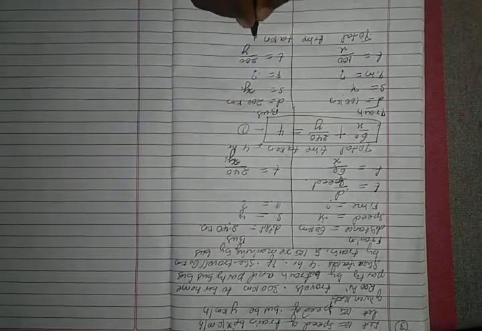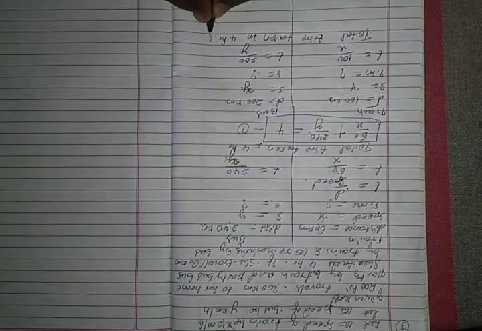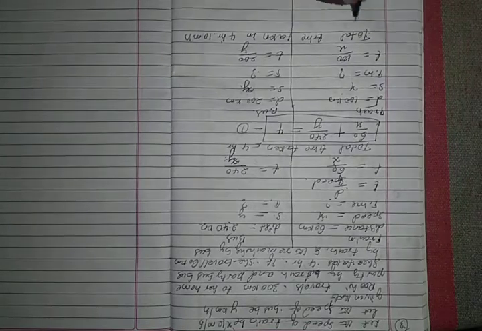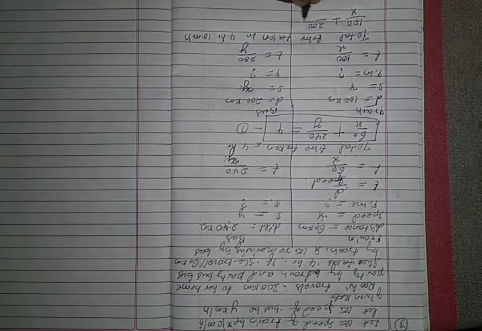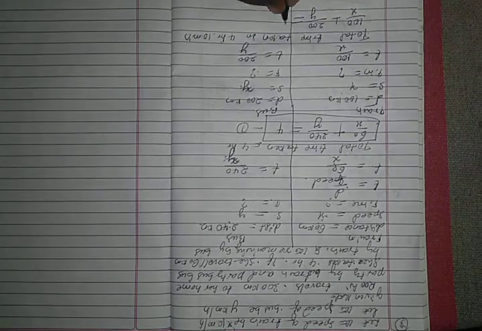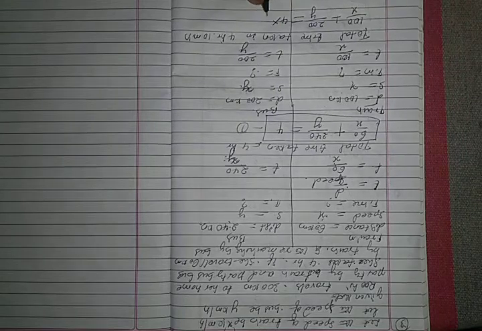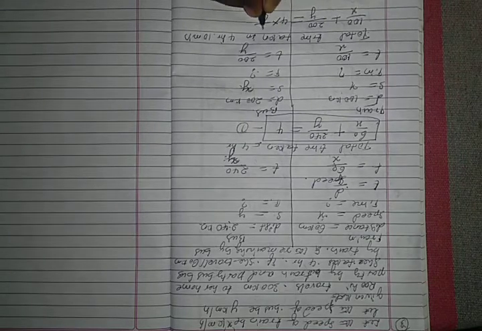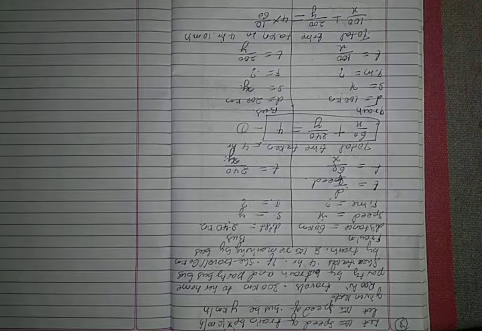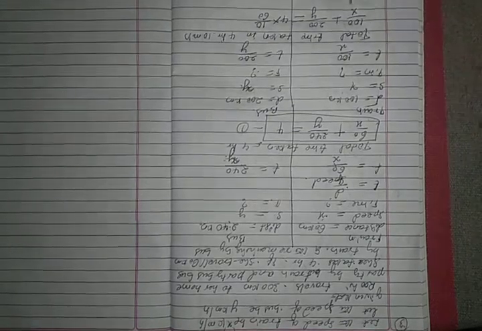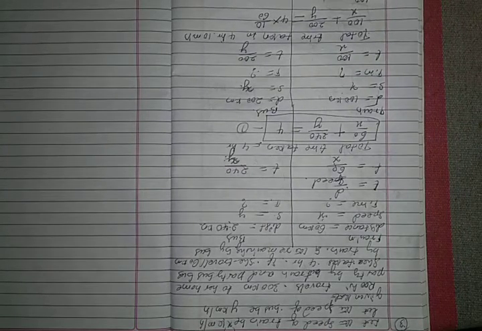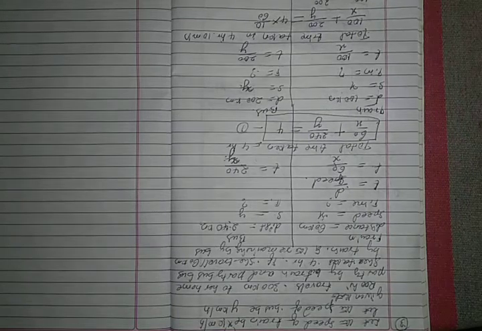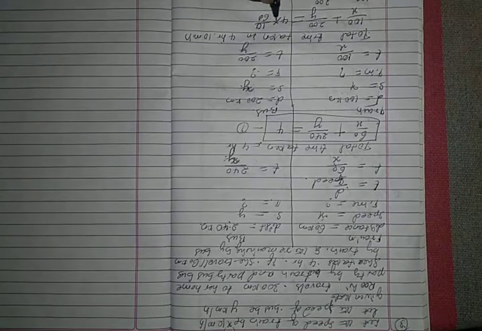Let us see the total time taken, 4 hours 10 minutes. That is 100 divided by x plus 200 divided by y is equal to 4 hours 10 minutes, that is 4 plus 10 upon 60.